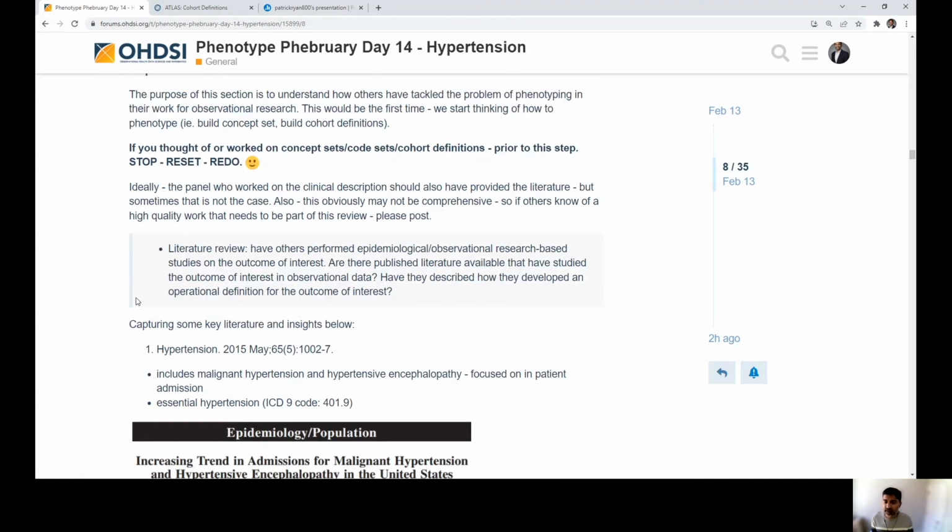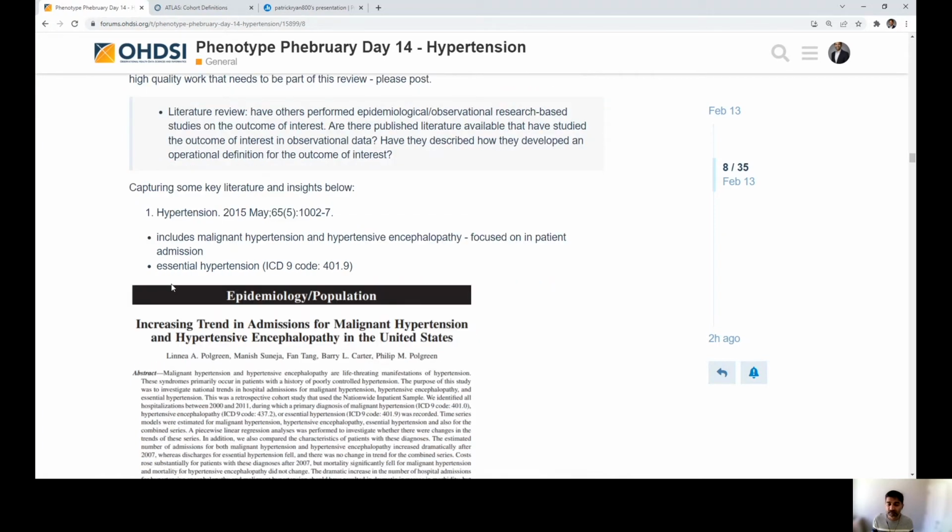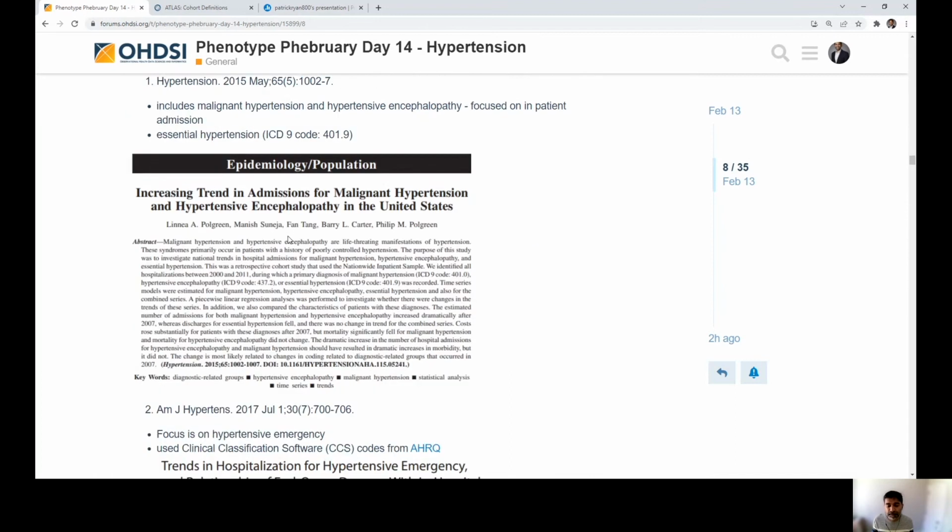So we did a systematic literature search. I found a few articles that have used observational data to generate evidence on hypertension. There's an article on hypertension, in the journal Hypertension that uses the ICD code 401.9. It did include malignant hypertension, which is not of interest to us, and also it includes hypertensive encephalopathy.